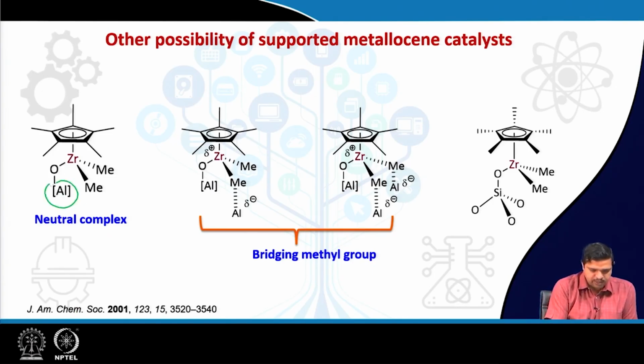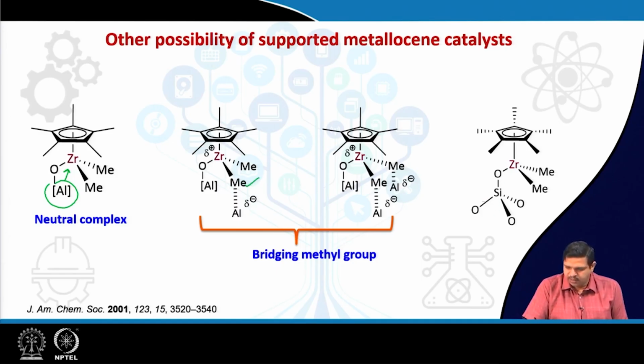These aluminosilicates or silicates you can attach to the metal center this way, or you can use bridging methyl groups like this one, or you can attach silicates directly to the metal centers like that one. So, you can design your supported metallocene catalysts and develop new strategies. As I told, these are not yet applied to industrial synthesis, but maybe in future.